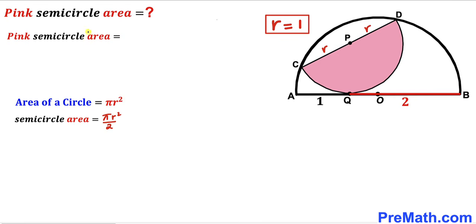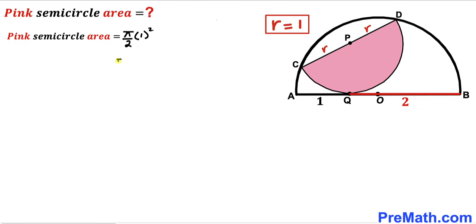So therefore our pink semicircle area is going to be pi divided by 2 times the radius lowercase r is 1. So this is going to become 1 square. And now we can see pi divided by 2 times 1 square is same as 1. So that means this is going to be equal to pi divided by 2 square units.